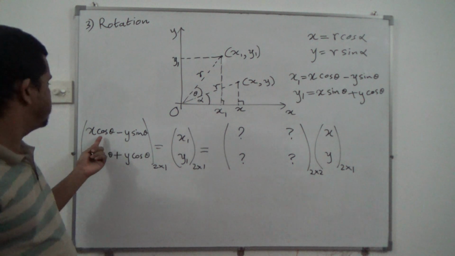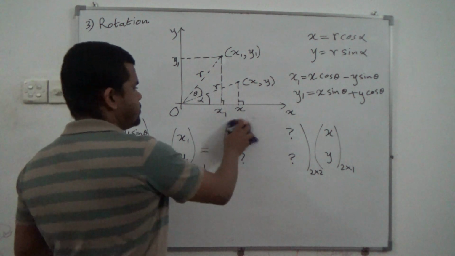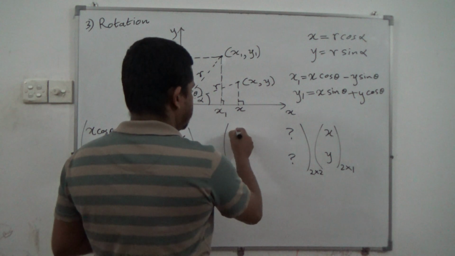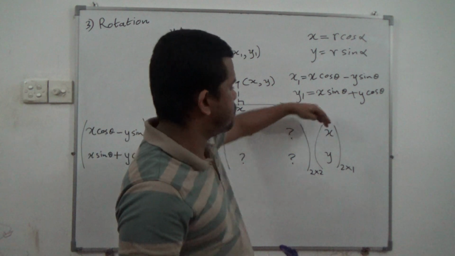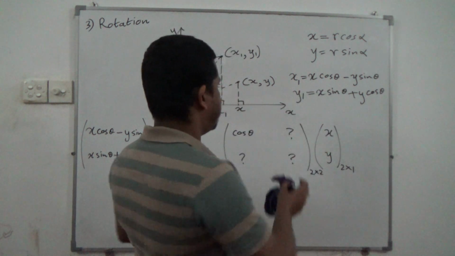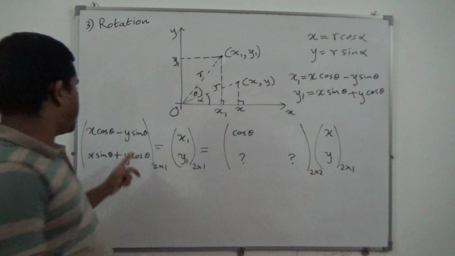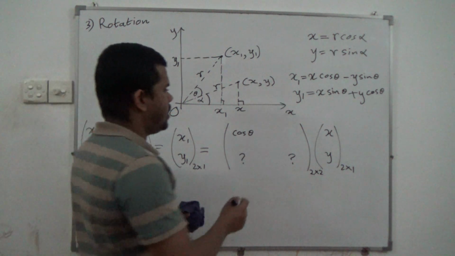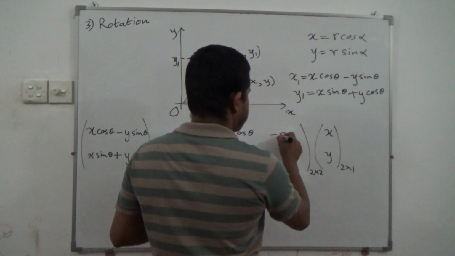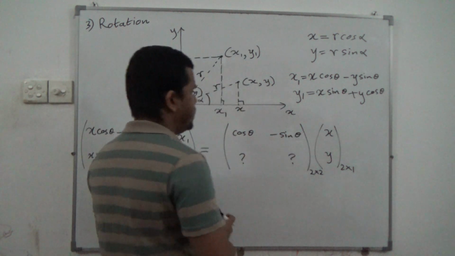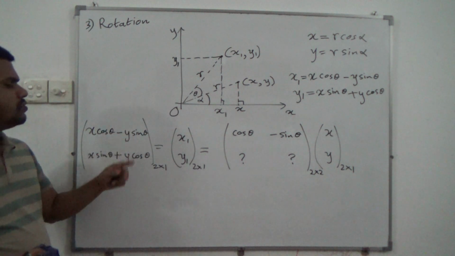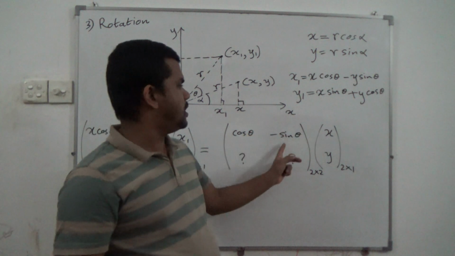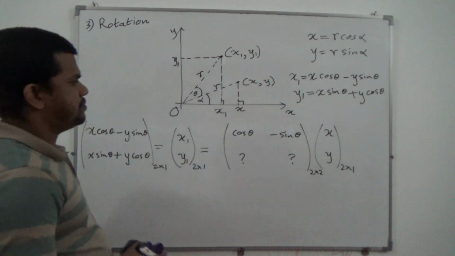So here we put cos theta, then when we multiply this row by this column, we get x cos theta minus y sin theta.